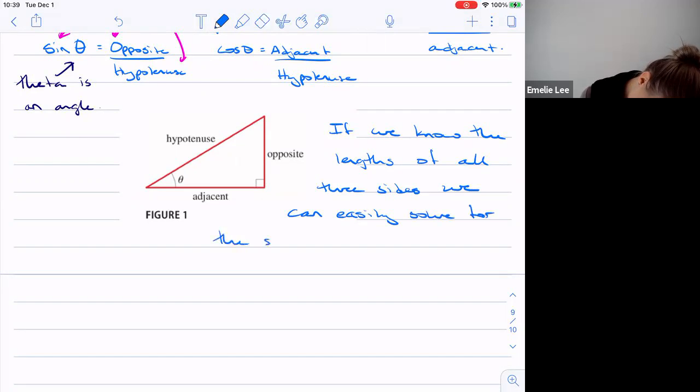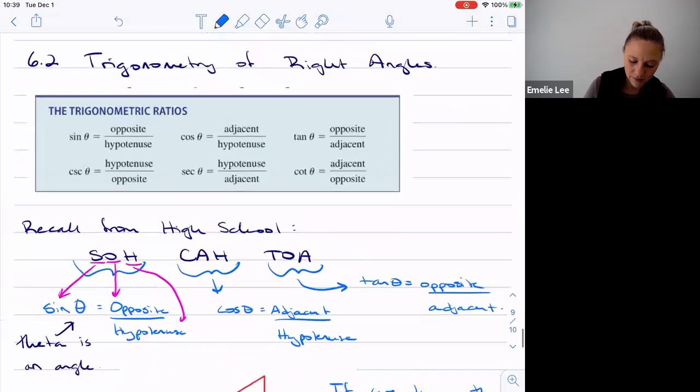And what I mean by that is sine theta, cos theta, tan theta, cosecant, secant, and cotangent.